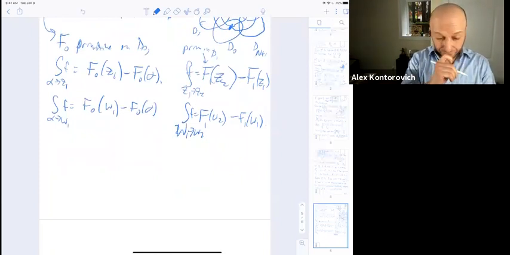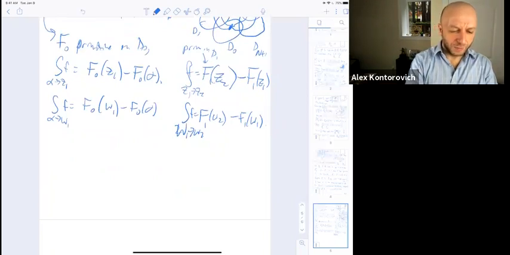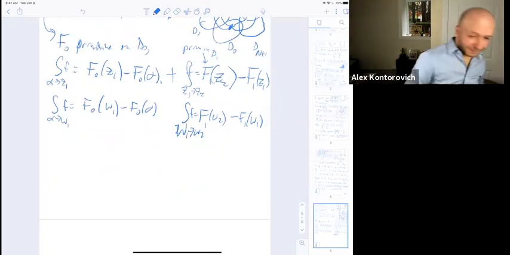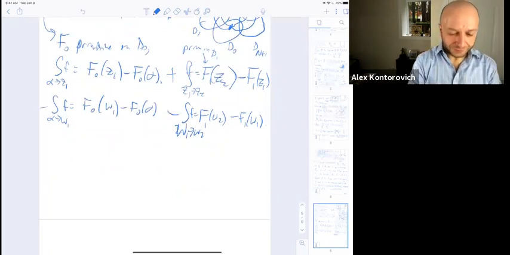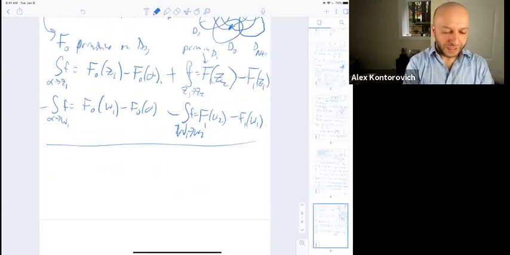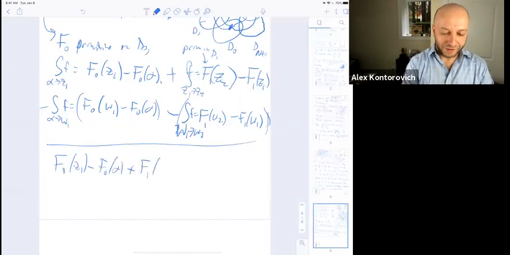When I add these two things, so let's take the sum of these two, and the difference of these two. What do we see? I'm subtracting these two things from these two things. So the top is F0 of z1 minus F0 of alpha plus F1 of z2 minus F1 of z1.